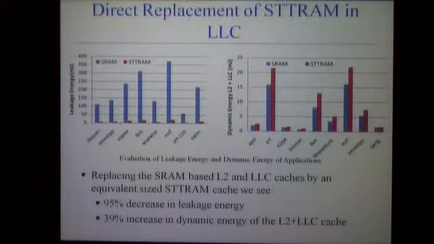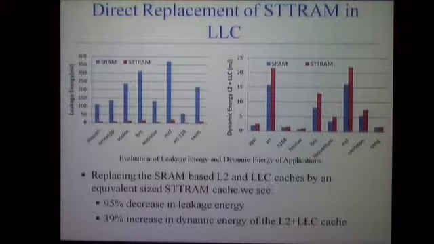So what happens if we try to map STT-RAM into an LLC cell? Replacing SRAM in L2 and LLC caches by equivalent size STT-RAM, we can see that, of course, there's a huge decrease in leakage energy. And this is quite expected because it's essentially a non-volatile solution.